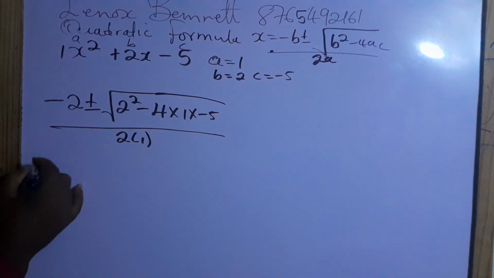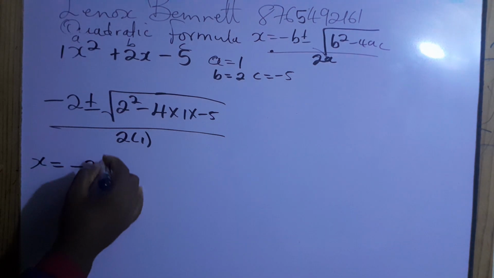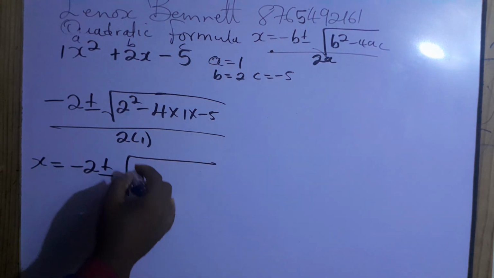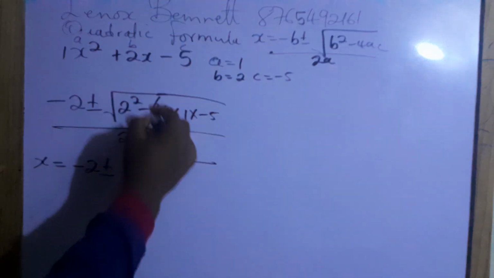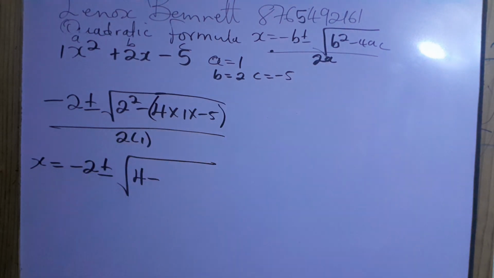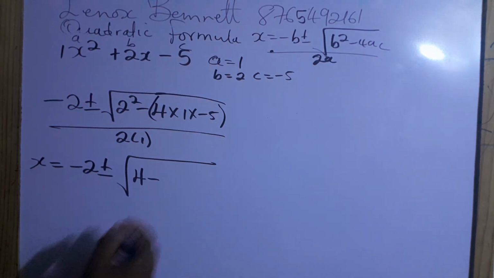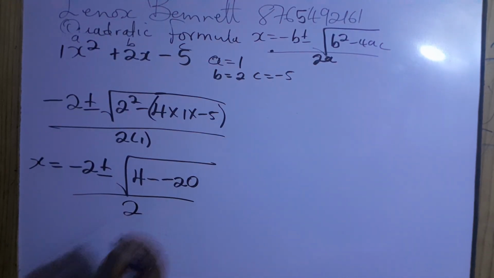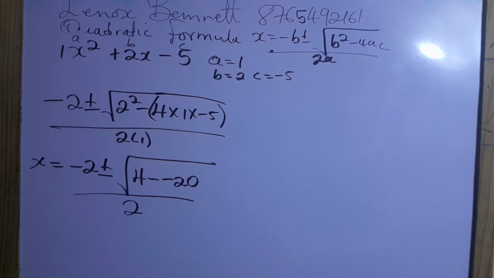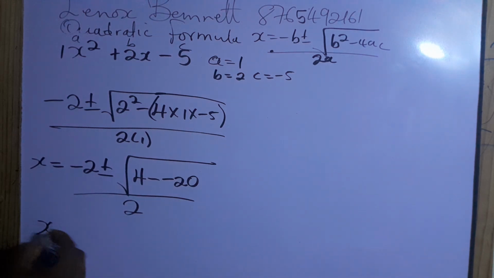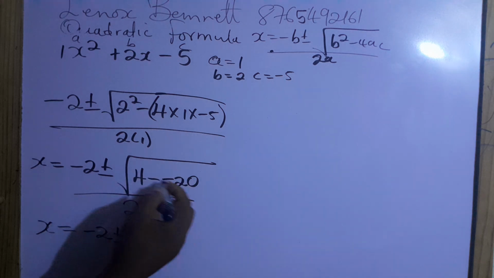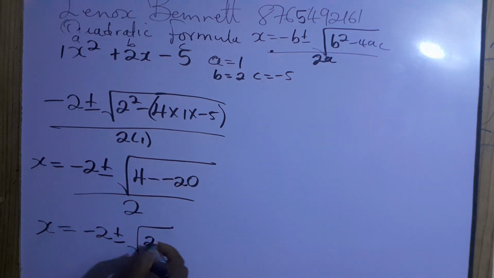So this would remain to be negative 2 plus or minus. Now we square 2, that's 2 times 2, which is 4, minus 4 times 1 times negative 5, that's negative 20. So this gives us plus 20 all over 2. We know that this is going to become plus because two negatives become plus, so we're going to find the square root of 24 divided by 2.